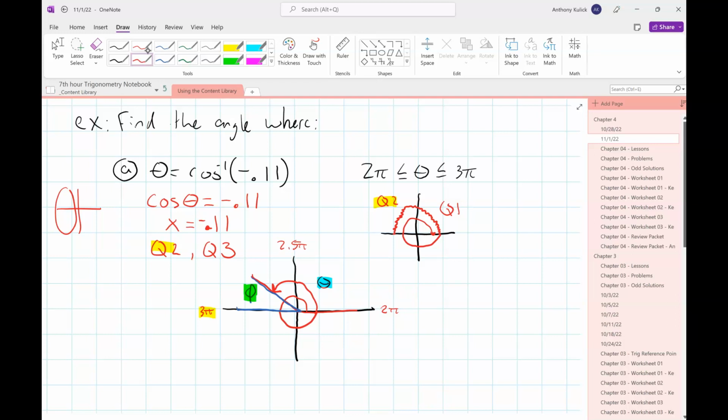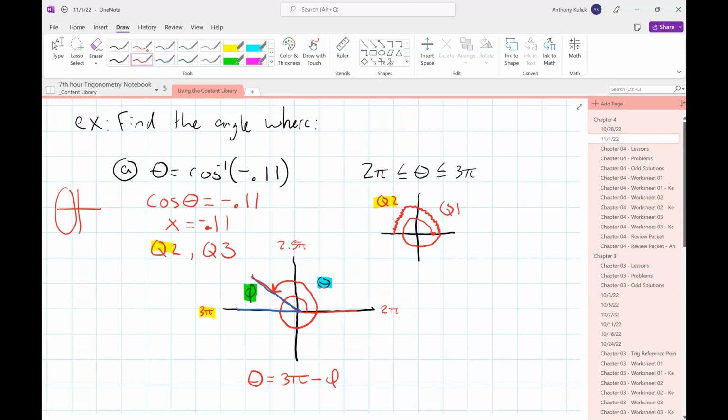Everybody agree with that? How much less than 3 pi is theta? How much more do we have to go to get to 3 pi? Phi, right? That angle that we labeled phi and highlighted in green. So since theta was smaller than 3 pi, we're going to be subtracting. And how much are we going to subtract? That angle phi.